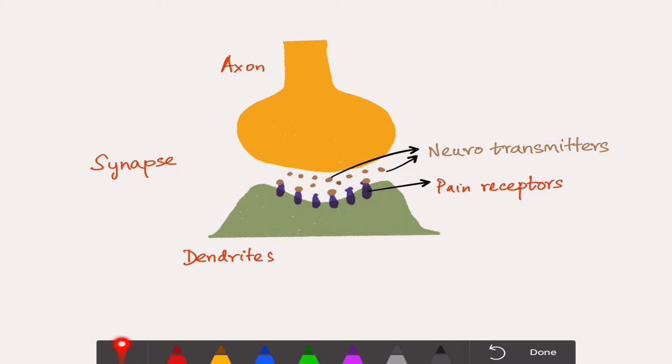The way we experience pain in our body is that, see, this is the axon of one nerve cell, and this is the dendrites of one nerve cell, and the dendrites contain pain receptors, and the neurotransmitters, basically they send a pain signal. These are transmitters that signal the pain. So when the neurotransmitters come from this nerve cell and settle down on the pain receptors, then you are able to experience the pain.